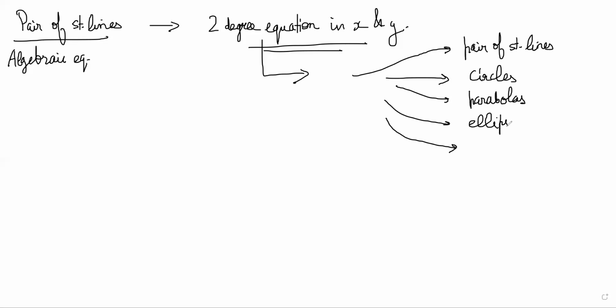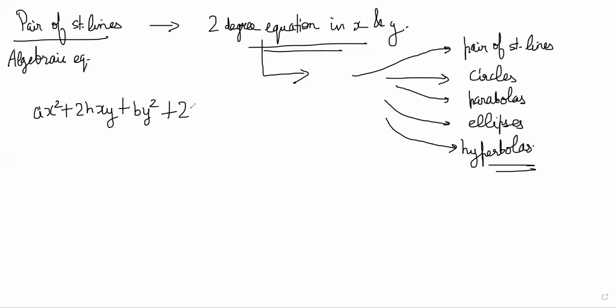So eventually, when we finish all of this, we will learn. I'm just writing a general 2-degree equation in x and y. So it looks like this: ax² + 2hxy + by² + 2gx + 2fy + c = 0.